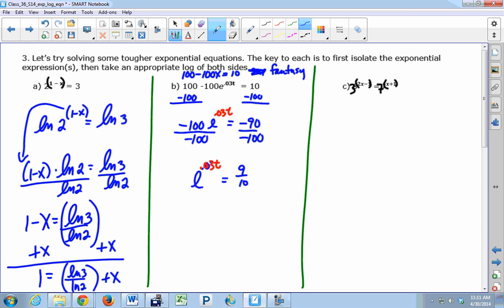What would I do to both sides? Natural log, right? I want to do its inverse. The inverse of e to the x is natural log of x. So I take the natural log of both sides. I have a colorful equation here. 0.03t equals natural log of 9/10.